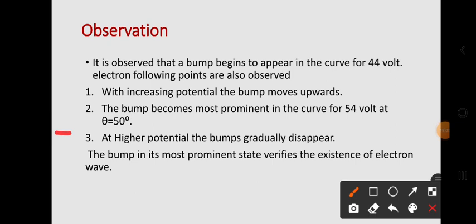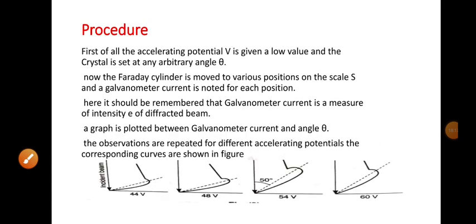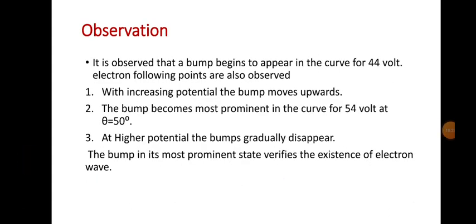Next, at higher potential the bumps gradually disappear. As I told you, from 60 volts the bump starts slowly decreasing, and beyond 60, at 70 and 80, it slowly disappears. Finally you cannot see any bumps.